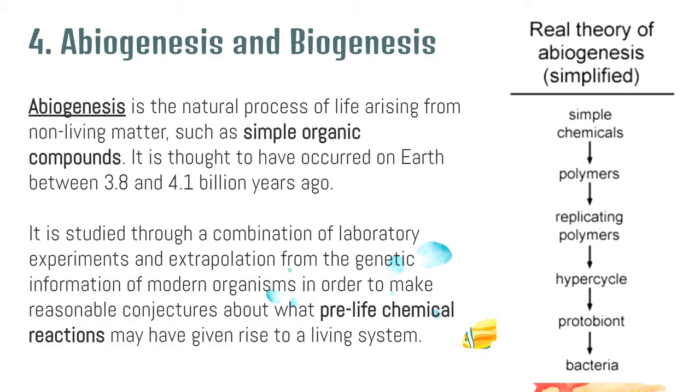These polymers eventually gained the ability to replicate themselves and to undergo that continuous cycle of replicating, up to such a point that they were able to create a protobiont, or a primitive cell. That primitive cell must have undergone natural selection within that primitive Earth's environment to eventually evolve into what we consider a living thing, as bacteria.